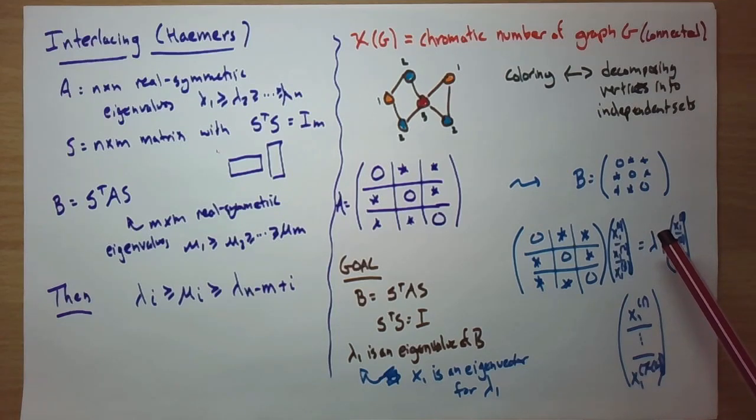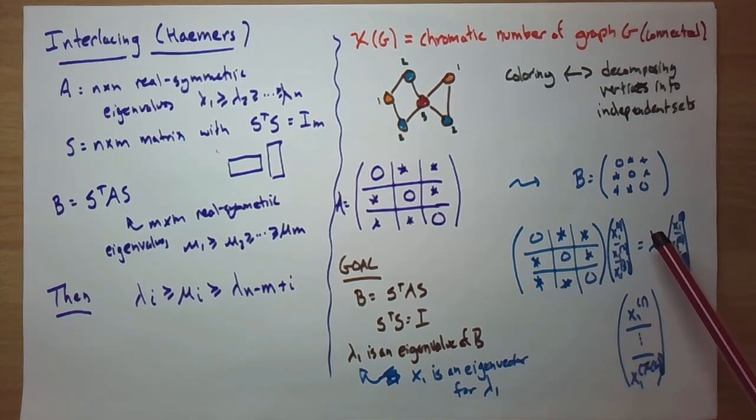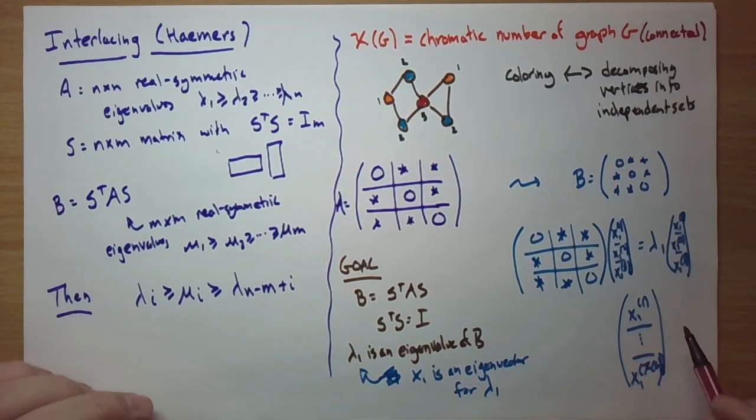I feel like it's the all ones vector. Well, the all ones would be if it was regular. Okay. It's all positive? Yeah, it's all positive. And why is that?